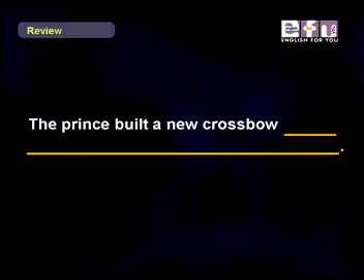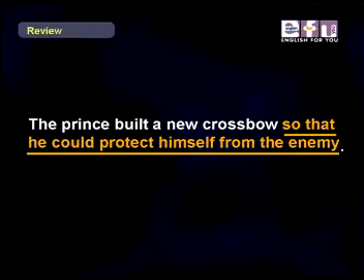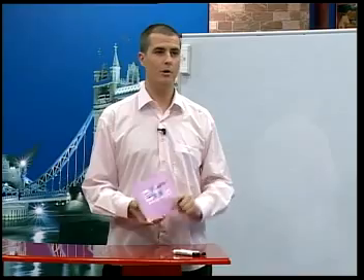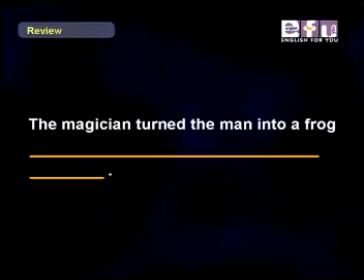Monica, you can go first. The prince built a new crossbow, something. The prince built a new crossbow so that he could protect himself from the enemy. Wonderful. The prince built a new crossbow so that he could protect himself from the enemy. Rosa, one for you. The magician turned the man into a frog, something.